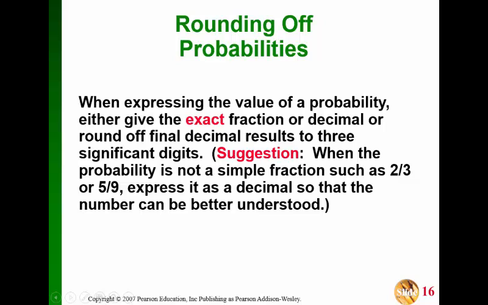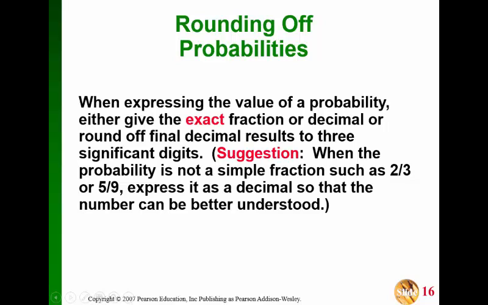So here they mention probabilities of things that are not simple fractions, like 2/3 or 5/9. Usually, if it's like 1/2 or 1/4 or 1/10, that's easy enough to understand, and you can leave it as a fraction. But if it's more complicated like this, it might be good to change it into a decimal. You can even change it into a percent, and so this is where you would just take the decimal and move the decimal point a couple of places to the right.